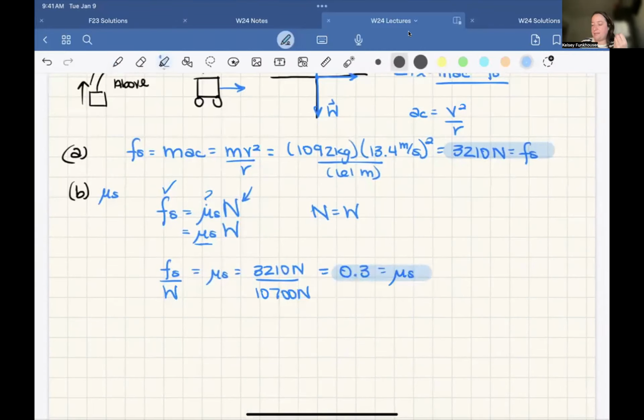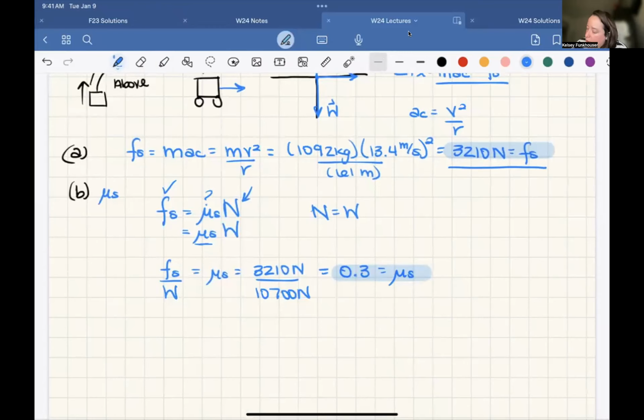And again, we know this is the minimum, because that is the only thing we could solve for at this point, since we see that the necessary friction force is this value. That's the minimum friction force necessary to make sure the car doesn't fly out when it's traveling at that speed with that radius of a circle.